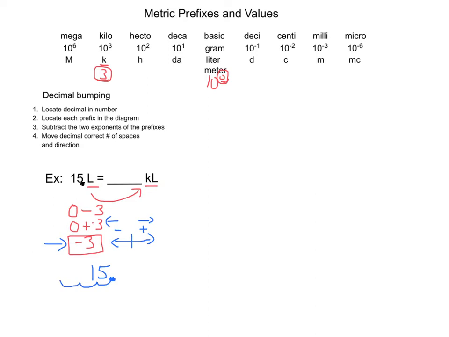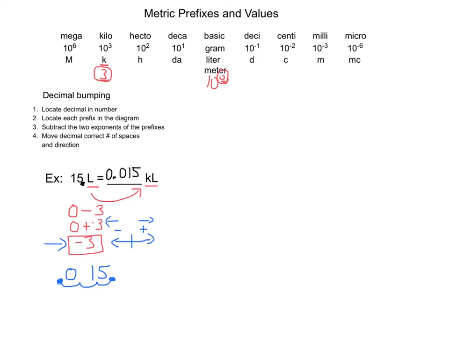Now notice I need to add in a 0 here as a placeholder, and my decimal now moves in front of that 0. And to finish off my problem, I'm going to go ahead and put my answer in the blank up above. But remember, with a small number like this, I start with a 0, then I have the decimal, and then 015. So that is the conversion for this particular problem.